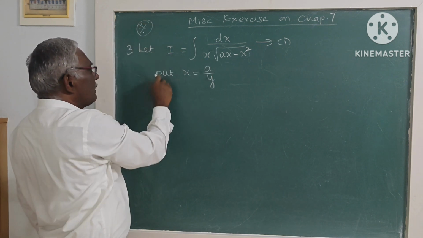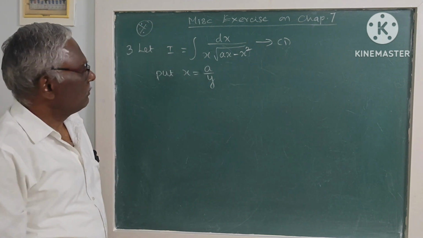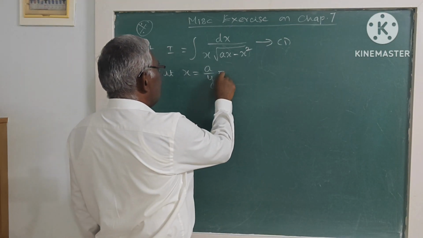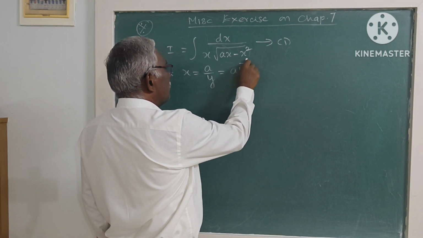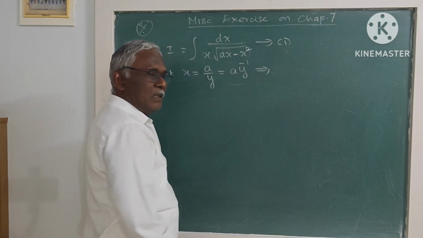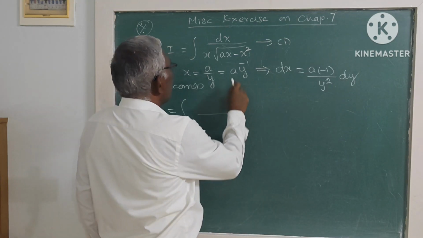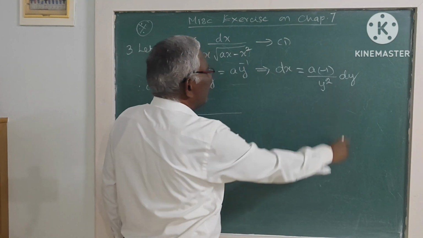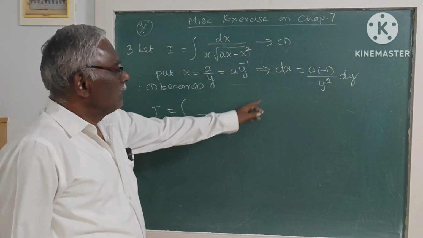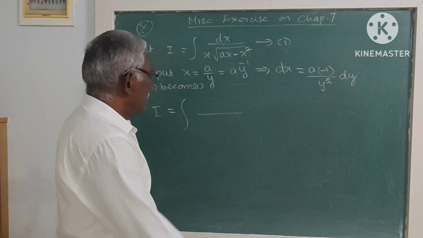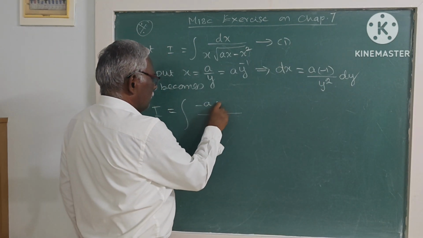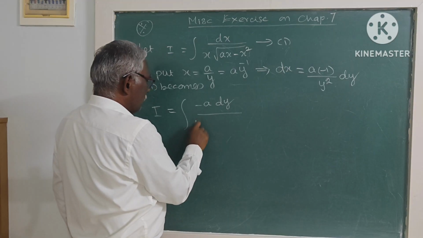If you know this type, then you can proceed. So this is nothing but a into y power minus 1. On differentiating, what do we get? What is dx? dx is nothing but minus a dy by y square.